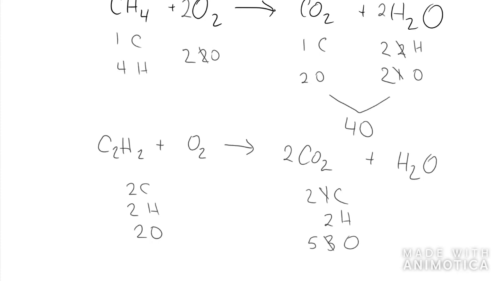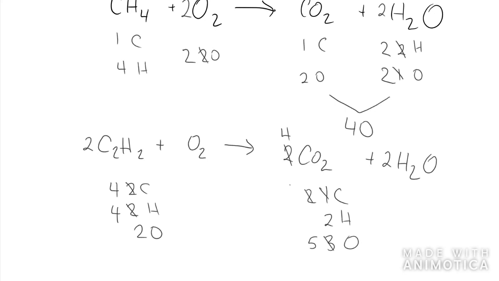I can't go from an even to an odd without using a fraction. So what I'm going to have to do is multiply everything by 2. So if I multiply this by 2, this by 2, and this by 2, let's see what it does to my numbers. So now I have 4, 4. I haven't touched that oxygen yet.